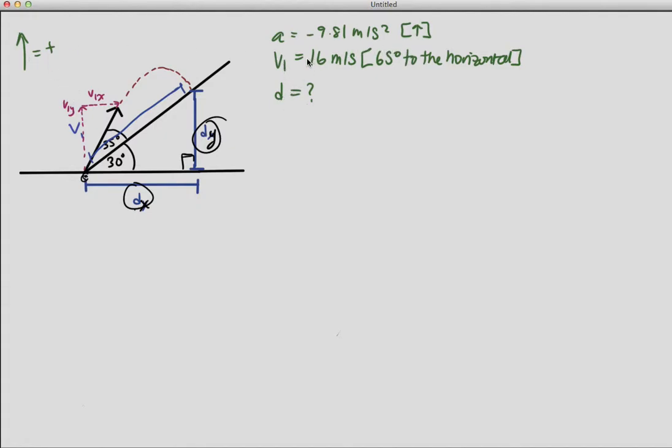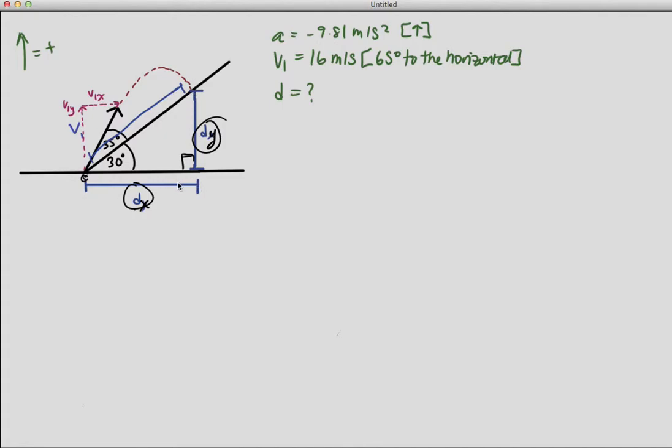We know that in the question they said that v1 is equal to 16 meters per second, and it's at an angle of 65 degrees to the horizontal. We know that the hill has an incline of 30 degrees, and we also know that when this rock lands, its time will be the same horizontally as it is vertically.